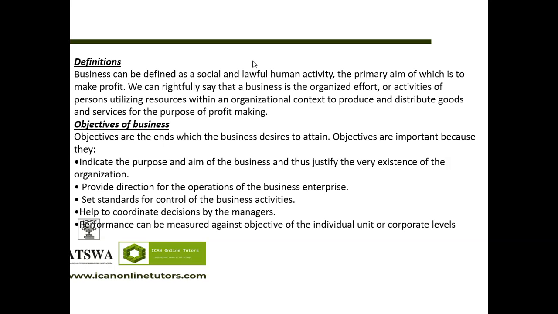So the objective is serving as a budget. Then once we have our actual result, we can measure it against the objective, whether we are achieving it or not.